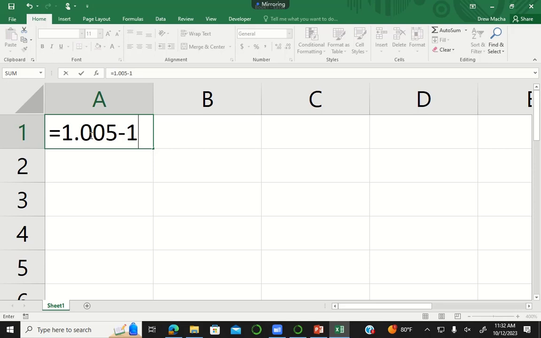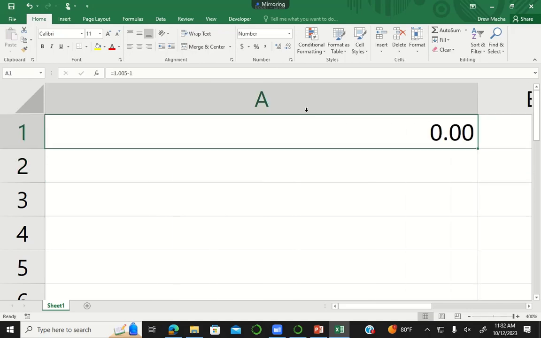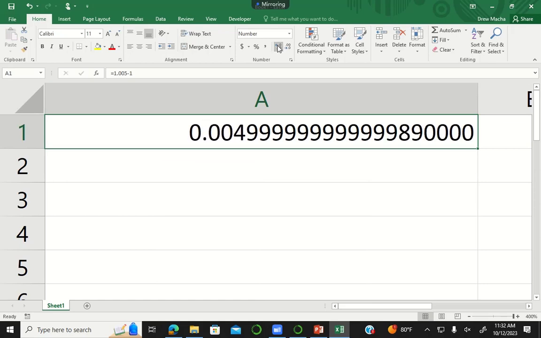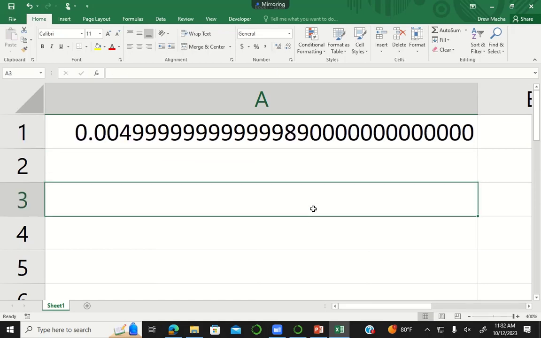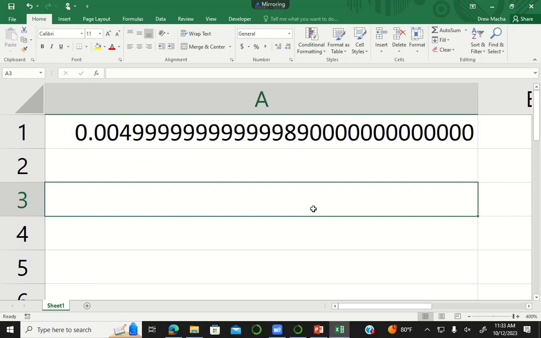Okay, so if I ask Excel to represent this with this many sig figs, Excel thinks that 1.005 minus 1 is the number 0.00499999999999989.